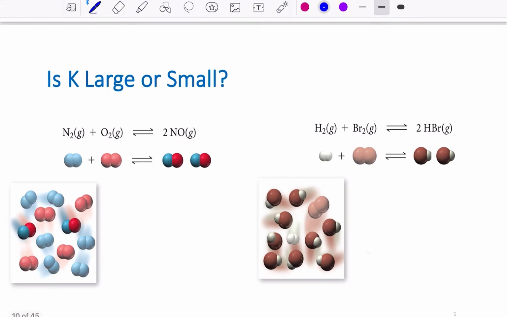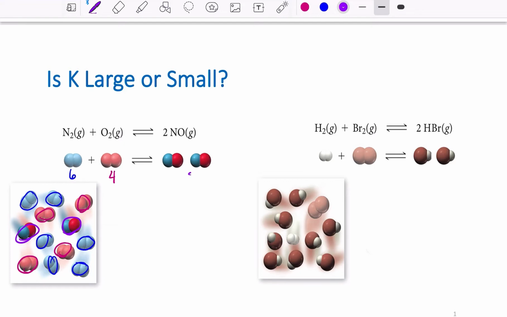So let's try to do this ourselves. Let's predict, is K large or small? If I look at this first reaction here, N2 gas plus O2 gas give me 2 moles of NO. I see that the little blue circles are N2, the little red circles are O2, and then the little blue-red diatomic is the compound NO. Let's count them up. 1, 2, 3, 4, 5, and 6. 1, 2, 3, 4.